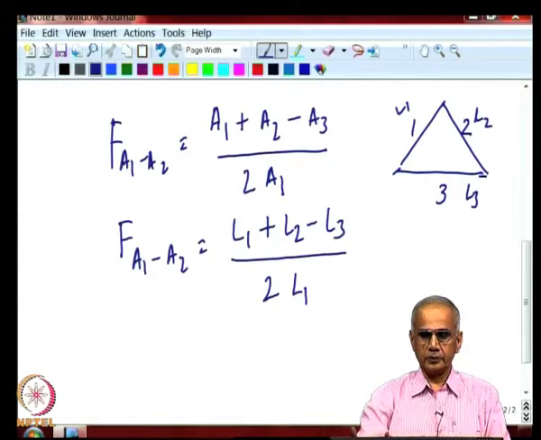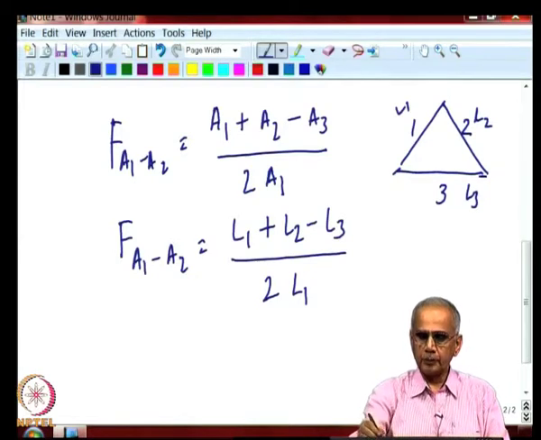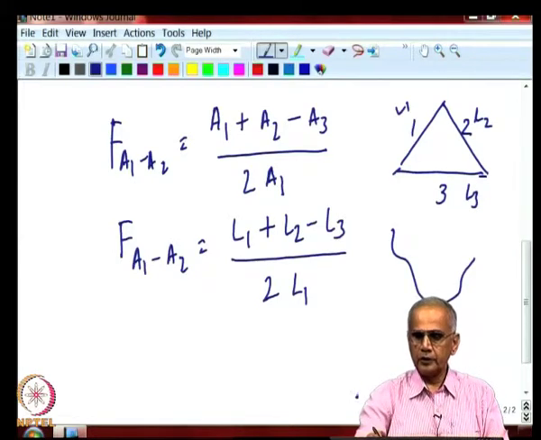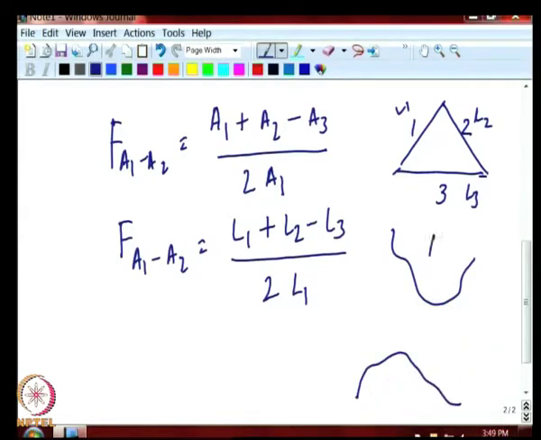It has curved surfaces, and for example, suppose you want to find the shape factor between these two surfaces 1 and 2. This is not two straight objects, and I do not see any simple triangular enclosure.